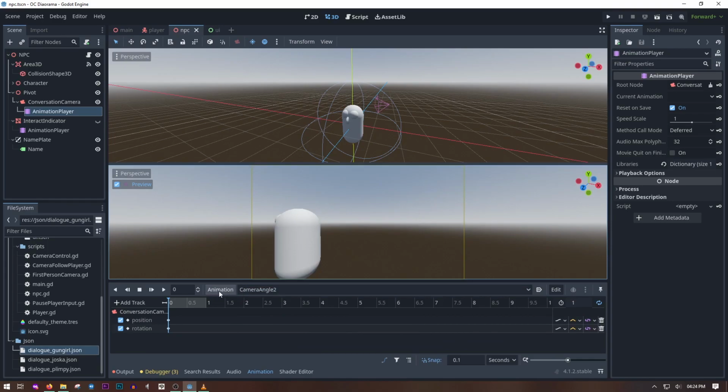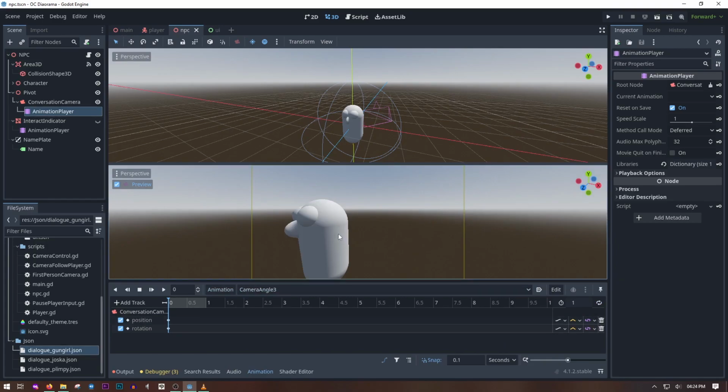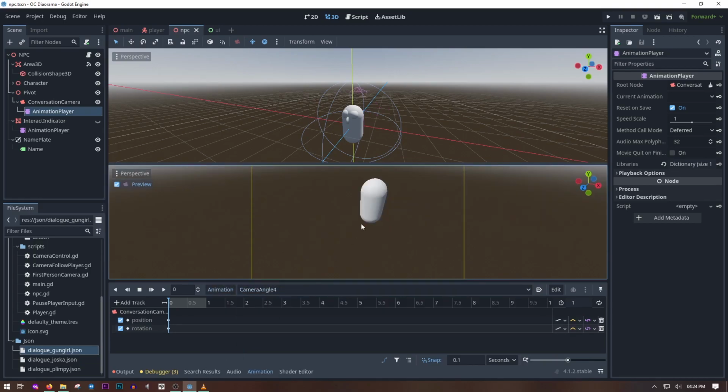I think it's something to do with the z-axis being negative when I made the model, and I couldn't rotate it. But it doesn't matter, because this will be like the player's here, the guy's here, talking to them over the shoulder. Camera angle 3, camera angle 4. It's like they're going to be looking at the player here.